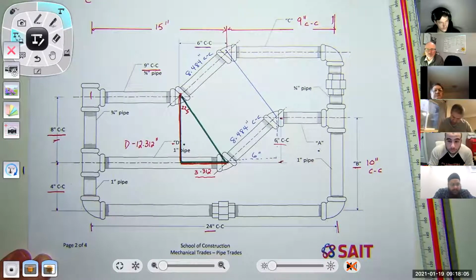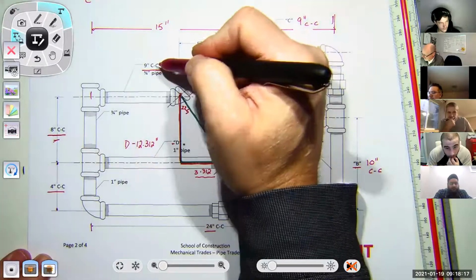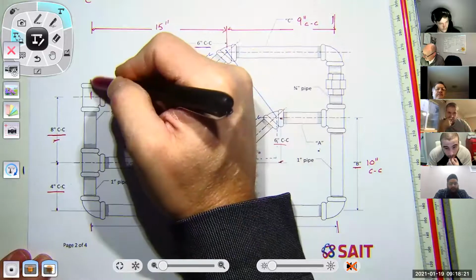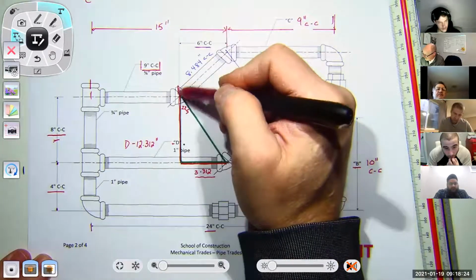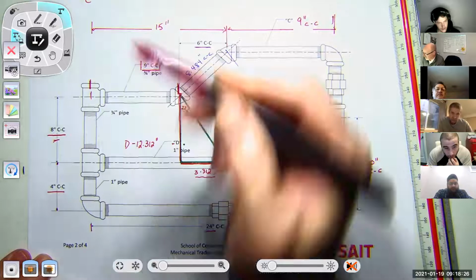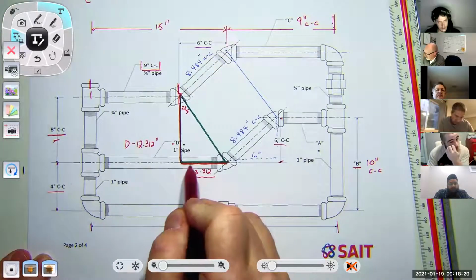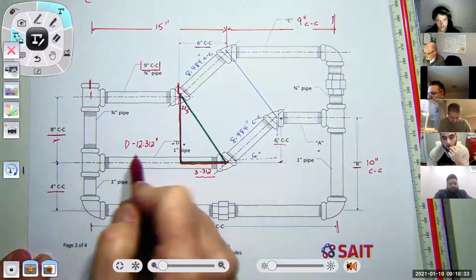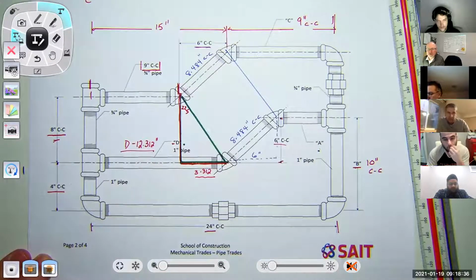It's 3/4 inch pipe. Okay. So it's 9 plus 3.312. Where'd you get the 9 from? Right up here. This is 9 inches from here to here. You see that measurement there? Okay, that's 9. And then I added the 3.312 to make D 12.312.